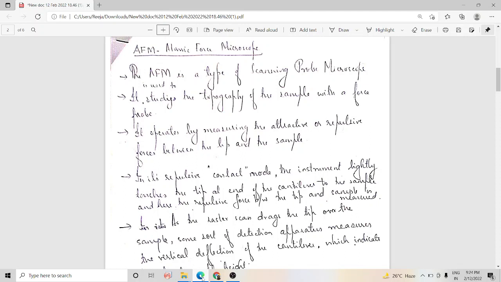So, AFM is a type of scanning probe microscope. In AFM, the interaction between the probe and the surface is the van der Waals force between the tip and the surface. Or in the AFM, we use a force probe to study the surface structure of the sample.